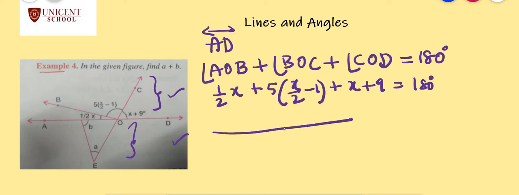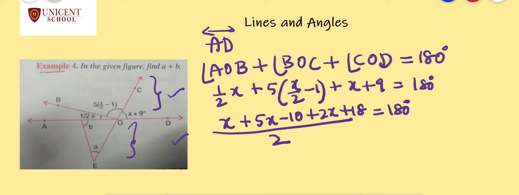And on simplification of LHS, first I'll take LCM and write the terms in the numerator. It is x plus 5x minus 2 plus 2x plus 18 equals 180 degrees. And by adding the like terms of the numerator, I'll get (8x plus 16) divided by 2 equals 180 degrees.